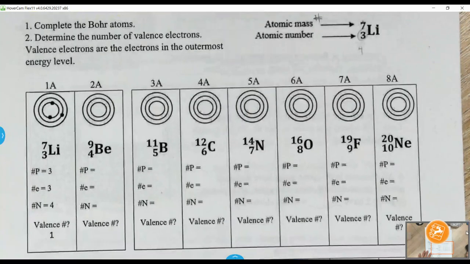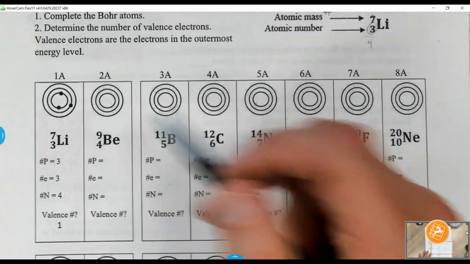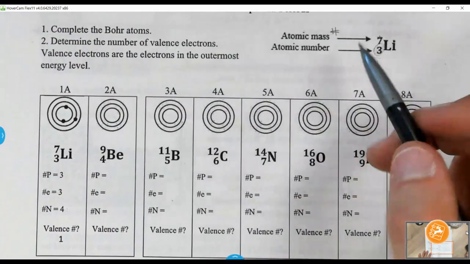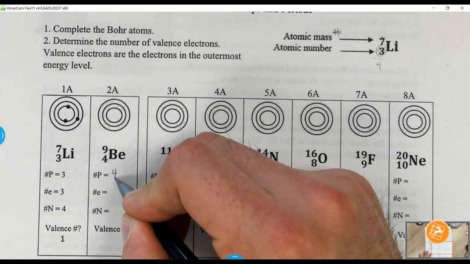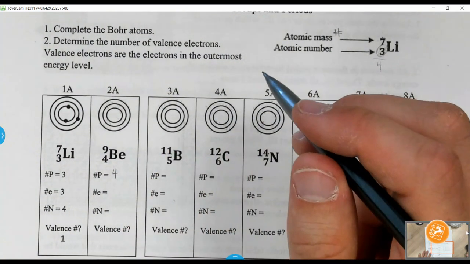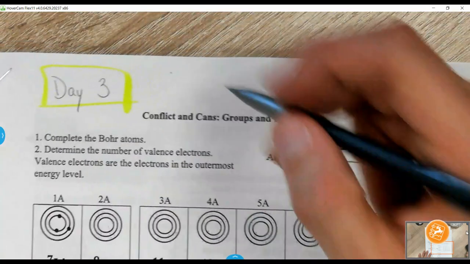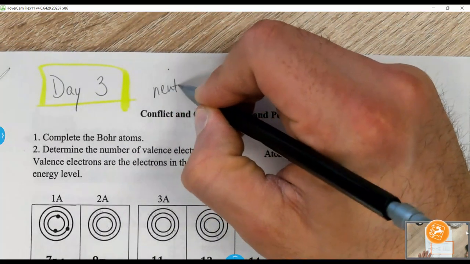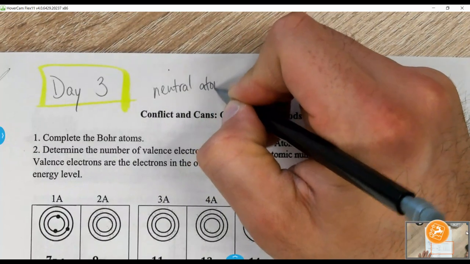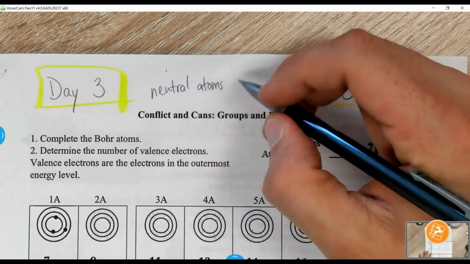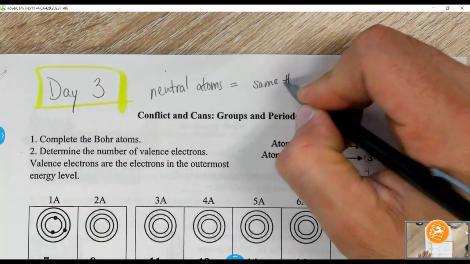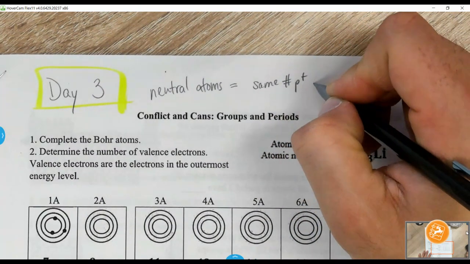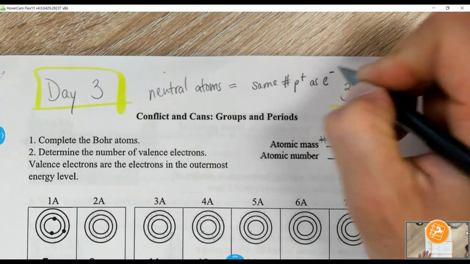Now let's take a look at beryllium. How many protons does beryllium have? 4, right? The atomic number is 4. We're considering these all to be neutral atoms. So again, if you don't remember, neutral atoms have the same number of protons as electrons.